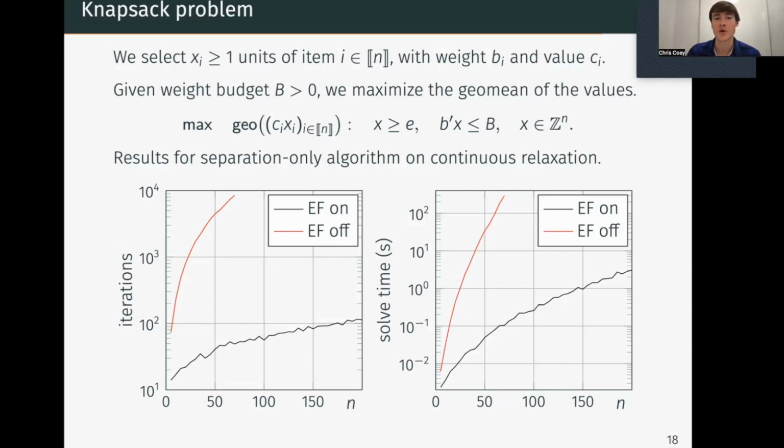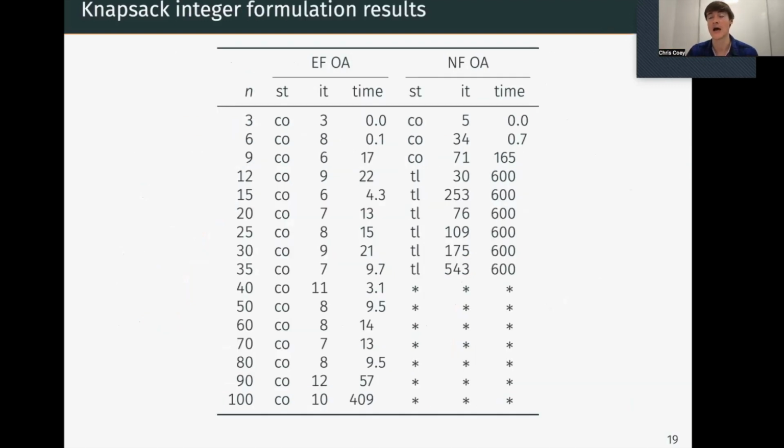Now let's reimpose integrality and use the standard Pajarito algorithm that calls Hypatia as the conic subproblem solver. We're varying n again as we go down the rows. And on the left part, we have the extended formulation in Pajarito. We can see, interestingly, that the number of iterations doesn't increase that much as n increases, and we can generally solve all of those problems.